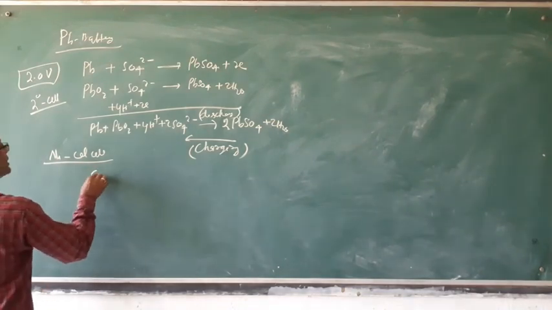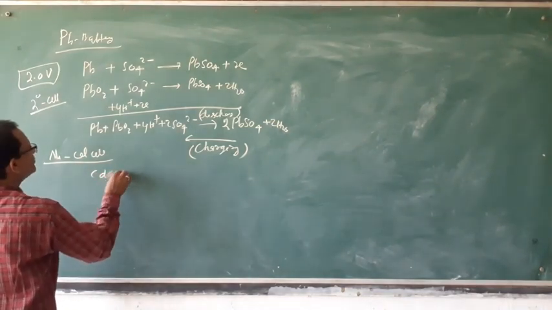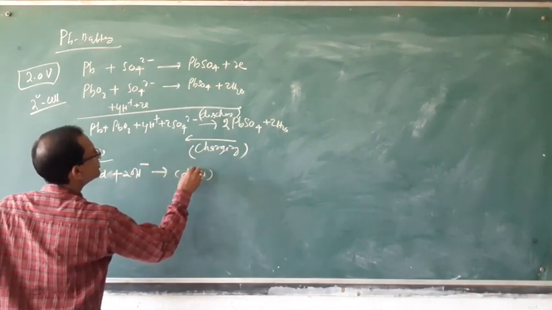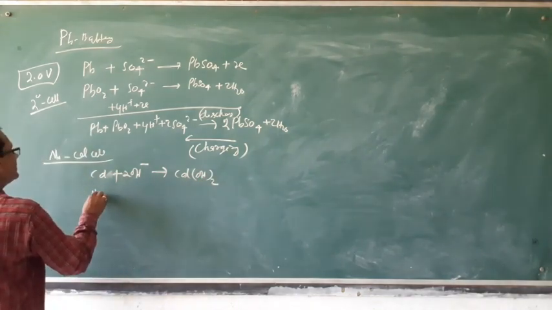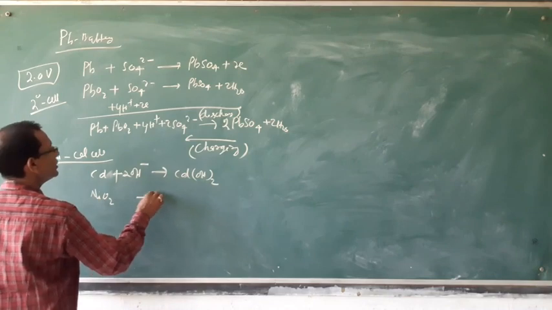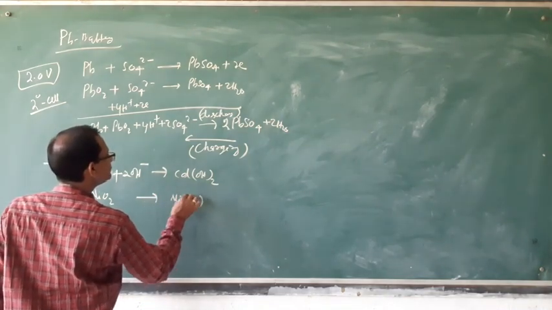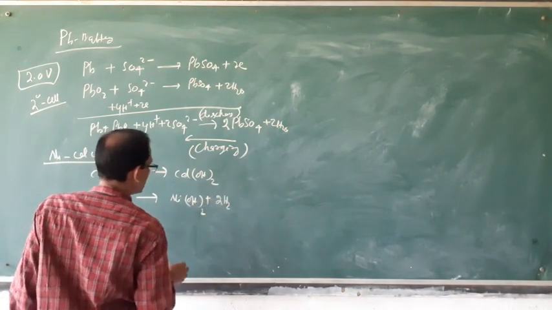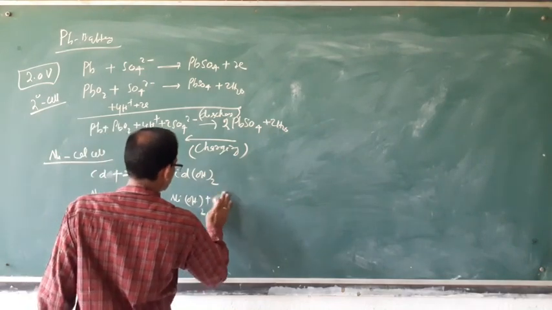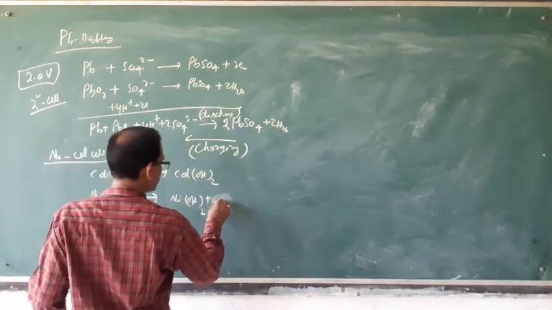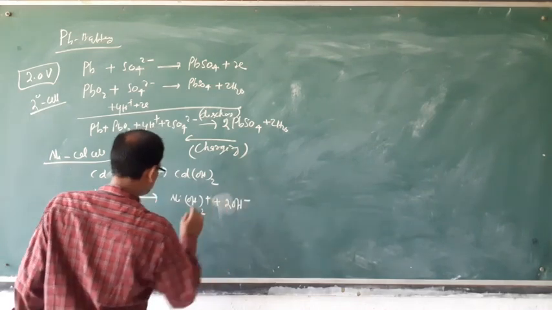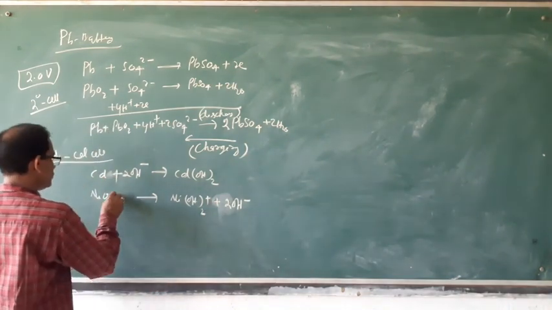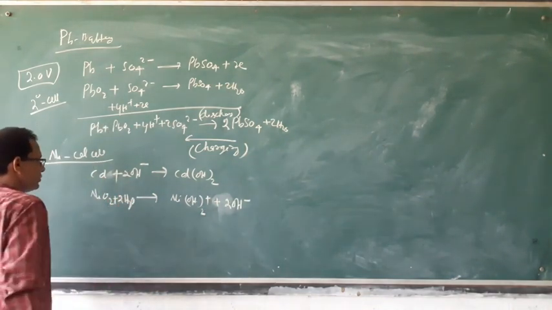Here what happens? Cadmium in presence of OH minus converts to cadmium hydroxide. Then at the cathode, nickel dioxide converts to nickel hydroxide. Then you write 2 water, here 2OH minus. Hydrogen 4, 2 water, so oxygen 4.